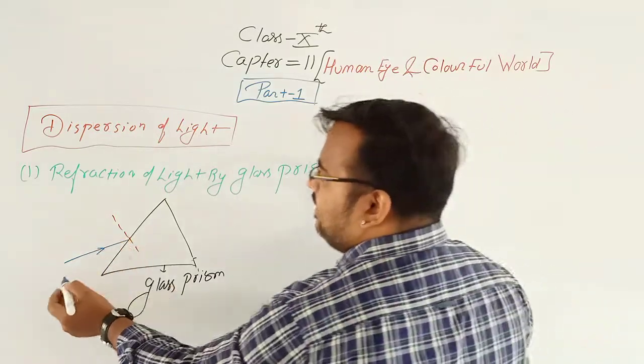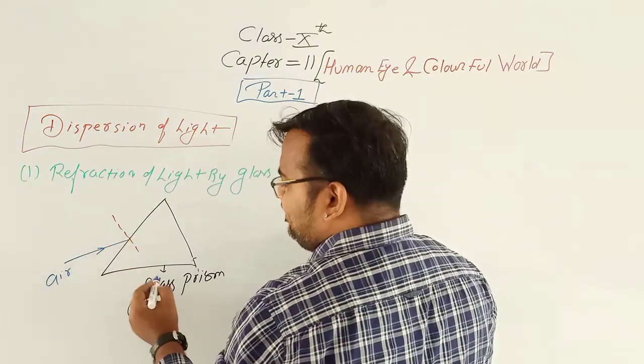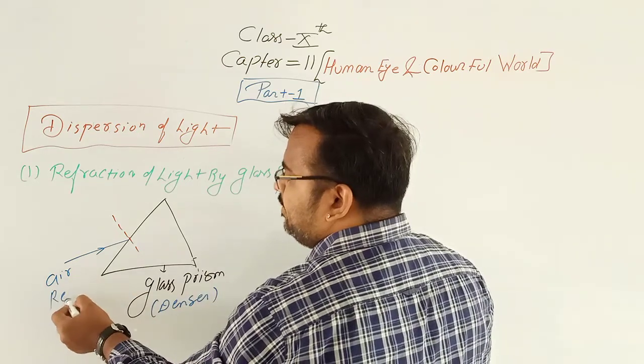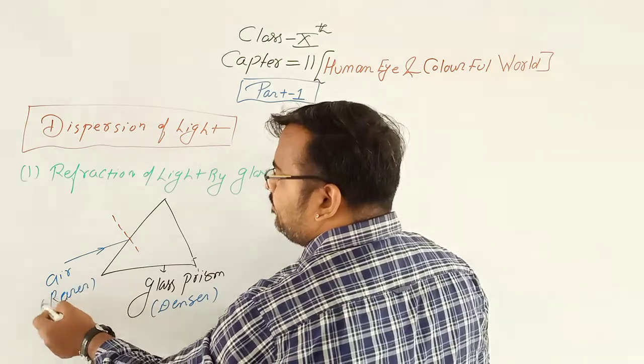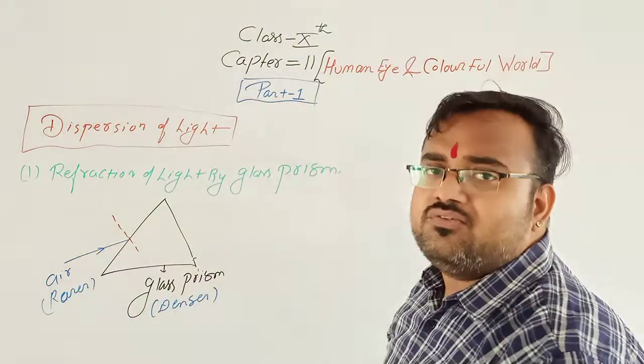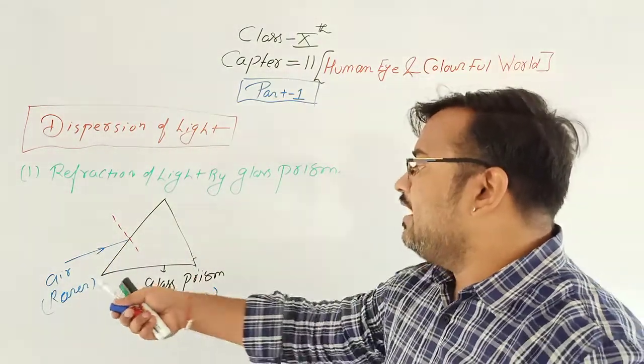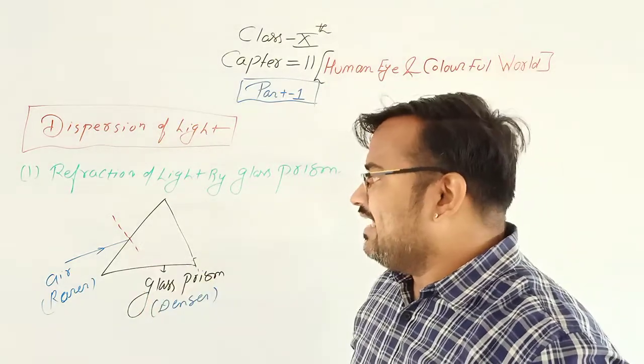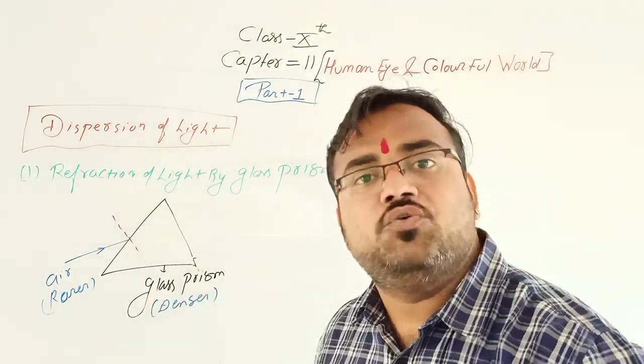See, this is a rare medium because here air is present and this is glass, so this is denser medium. So air is a rare medium. Clear? Now according to our first rule, when the light enters from rare medium to denser medium, then the refracted ray bends towards the normal.